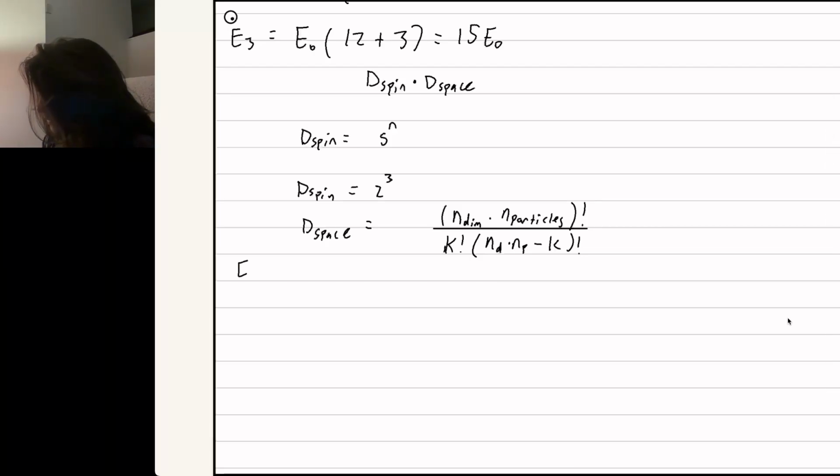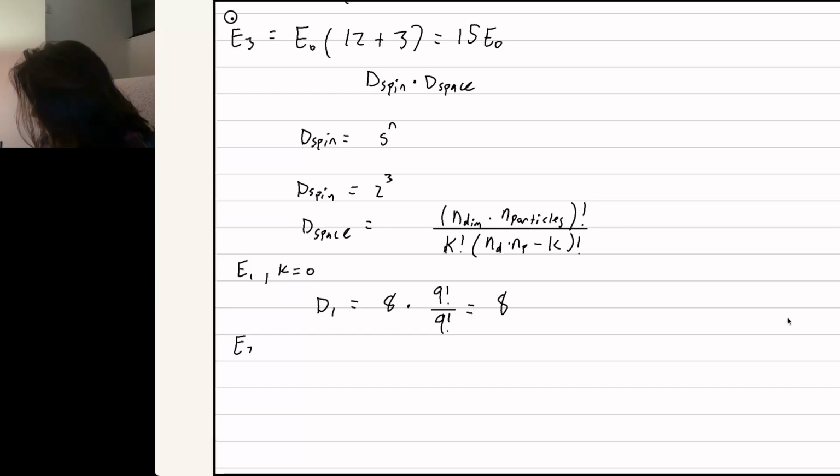So the first one, the ground state, will have k is equal to 0. So the degeneracy d1 will be 8 times 9 factorial over 9 factorial, which is just 8.